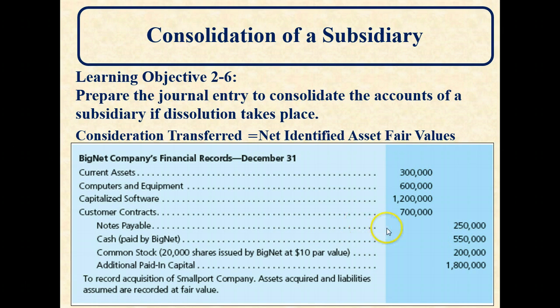So as you can see here, everything works perfect. We've got current assets of $300,000, computers and equipment of $600,000, software $1.2 million, customer contracts $700,000, and we assumed a note of $250,000. So what we purchased it for basically equals the fair value of the assets we received minus any loan liabilities.